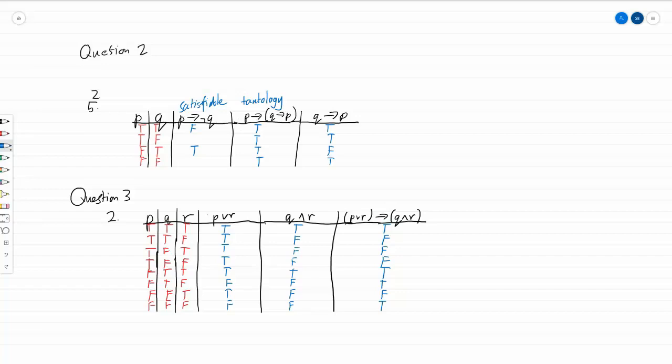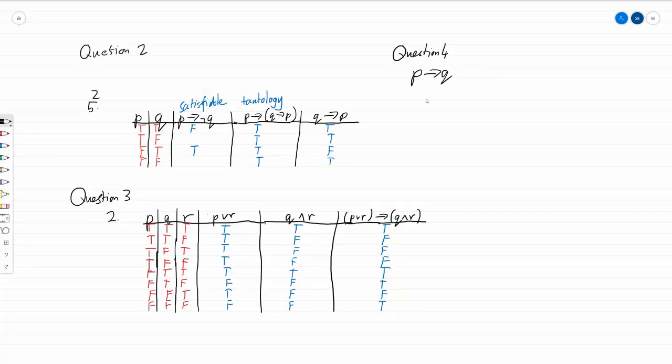Cool. So to jump to the next part, for question 4, we're also going to introduce a slightly new idea, which is entailment. Entailment is very, very similar to P implies Q, except P implies Q is still a logical operation.